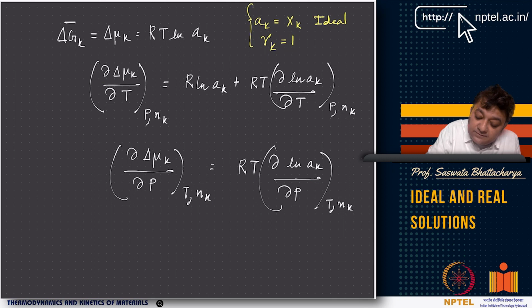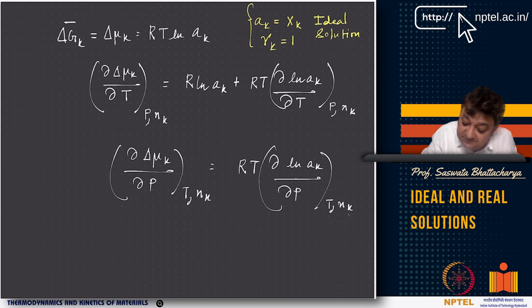In general, you have del delta mu k del T, which is R ln ak plus RT del ln ak del T, because I don't know how ak changes with temperature. And del delta mu k del P is RT del ln ak del P at fixed T and k.